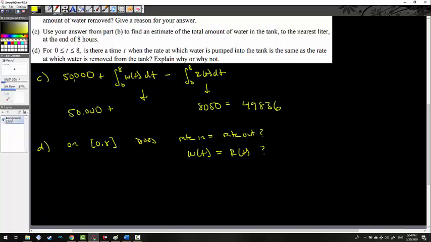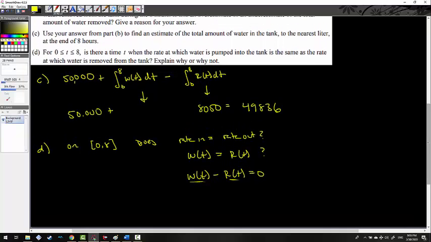Another way of looking at W of t equals R of t would be W of t minus R of t is equal to 0. And if I know that these two functions are continuous on 0 to 8, and I can find a time in this interval where the difference is greater than 0, and another time where it is less than 0, then I feel like it will equal 0 somewhere, using an old friend called the intermediate value theorem.